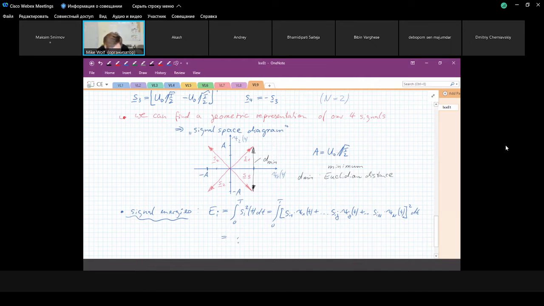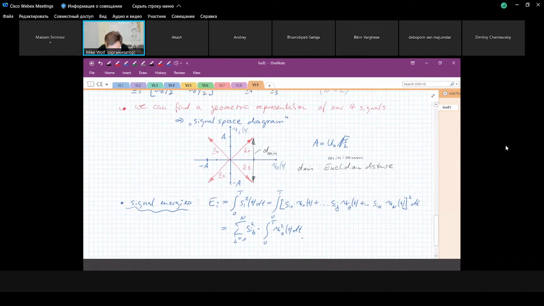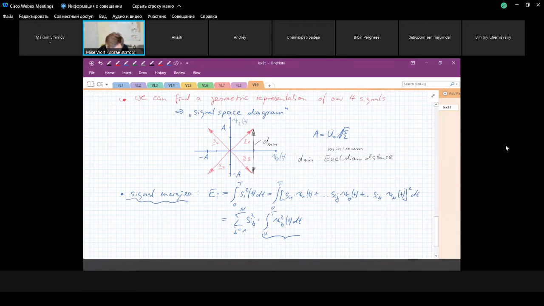This is a sum where j goes from 1 to capital N, so n is the dimension of our signal space. It's, of course, s_ij squared, and then times the integral from 0 to capital T of c_j squared of t dt. And this is, of course, because we defined the basis functions to have unit energy.